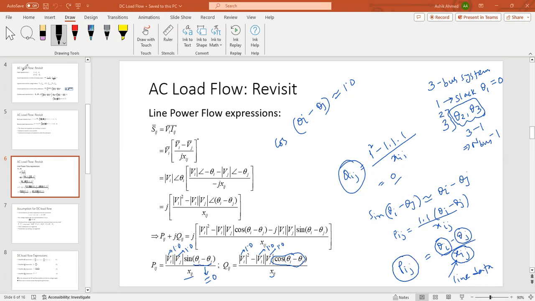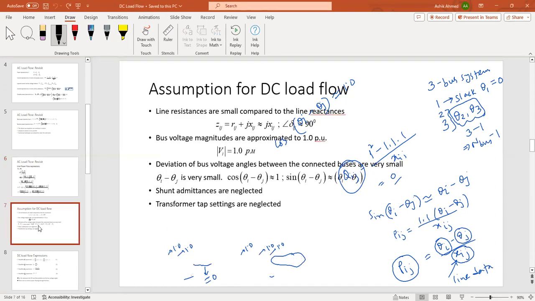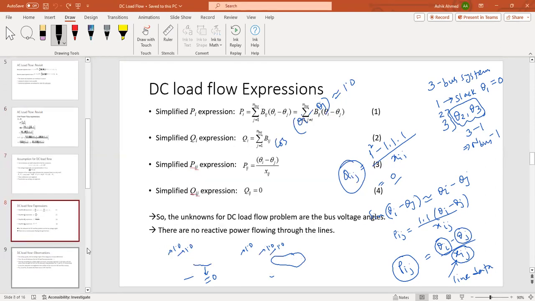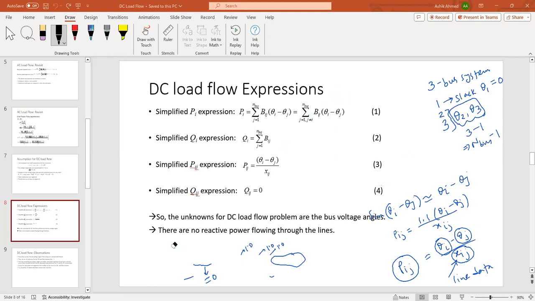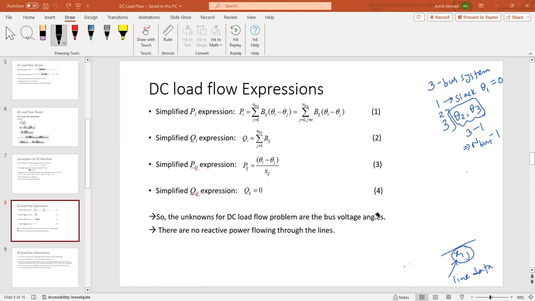What about the injection? So the injection of Pi and Qi, let's go into that expression again. We are done with the real power flow and reactive power flow from bus i to bus j, which are also treated as the line flow. Now come to the injection at a bus, real power injection and reactive power injection.